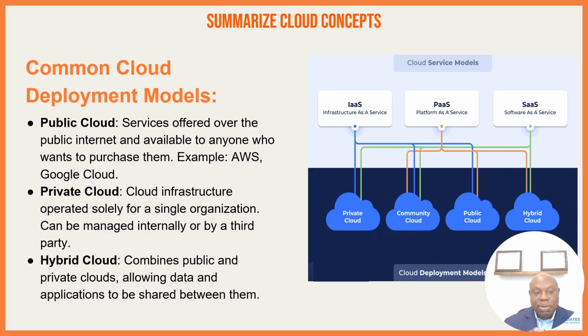Example, AWS and Google Cloud. That's for public. Private cloud infrastructure operates solely for a single organization, can be managed internally or by a third party. Hybrid cloud combines both public and private cloud, allowing data and applications to be shared between them.